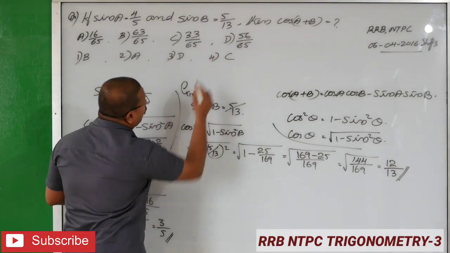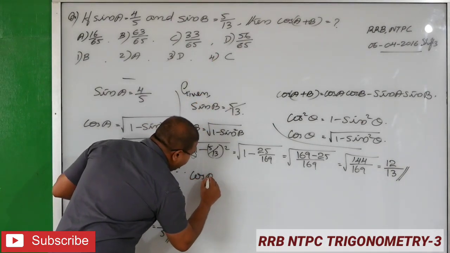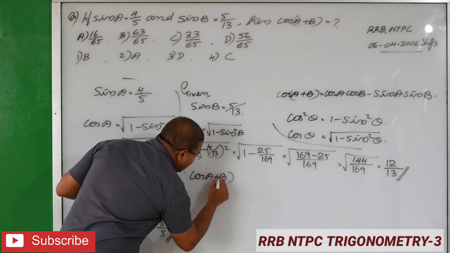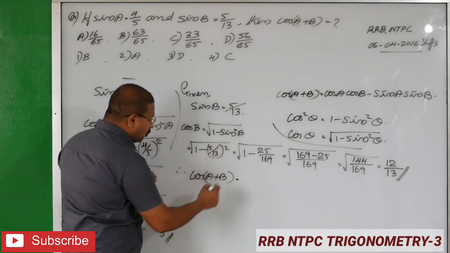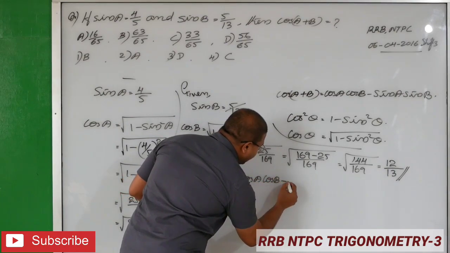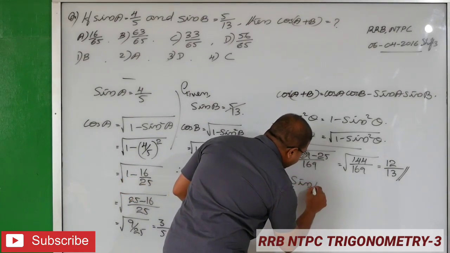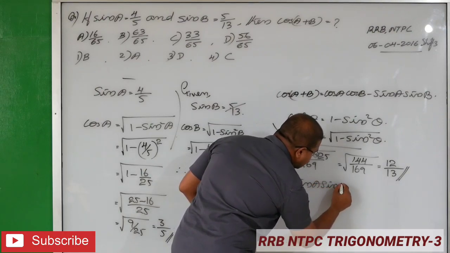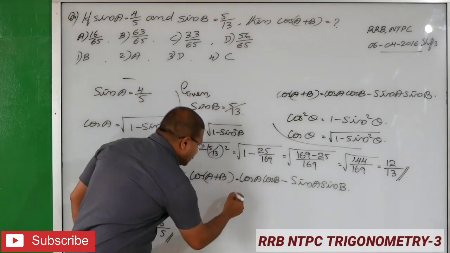Therefore, cos(A+B) equals cos A cos B minus sin A sin B. This is the formula; you need to memorize it.